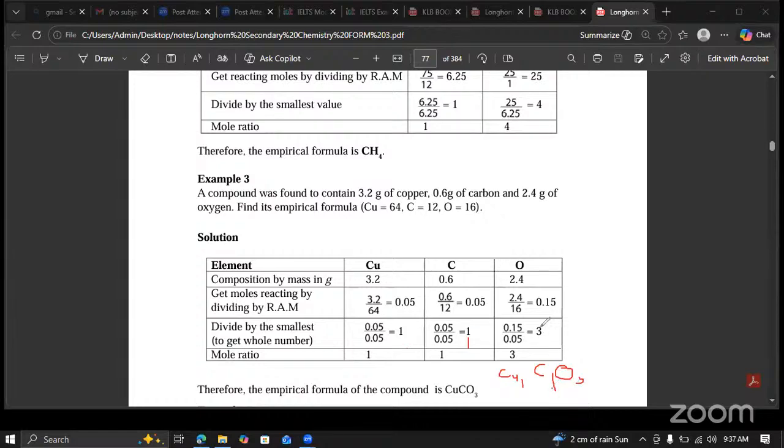You don't have to write them, but if you write them in the empirical formula, there is no problem. Ukiandika hivi, ndizo hata huyu ako correct na huyu ako correct. But when you are writing all the chemical formulas of compounds, we don't show these. We don't show the 1, we don't show the carbon 1, because now we are talking about this one as CO3, which is a radical.